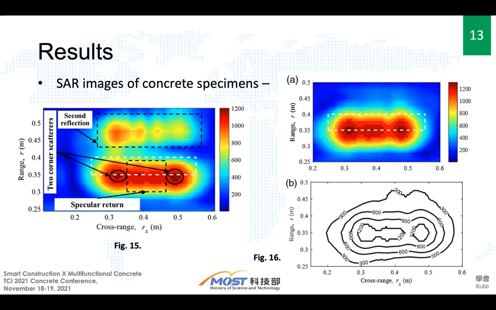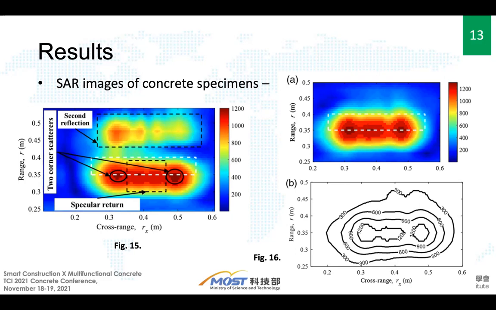In the meantime, look at the specular return, which encompasses not only the front reflection, but also the subsurface reflection from inside the concrete specimen. If we use a contour representation as shown in Figure 16b, we can also characterize the SAR images with a single contour value.